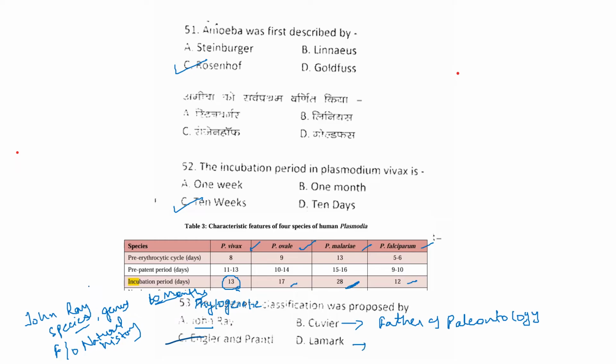And Lamarck is known for giving the theory of inheritance of acquired characters, that is the reason why the giraffe has this long neck.